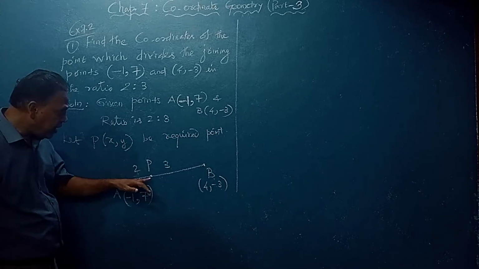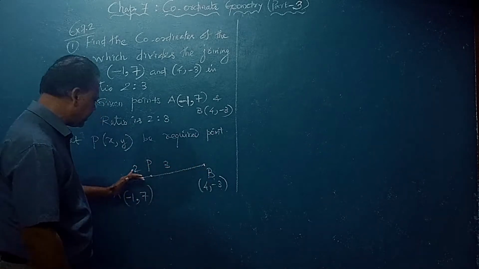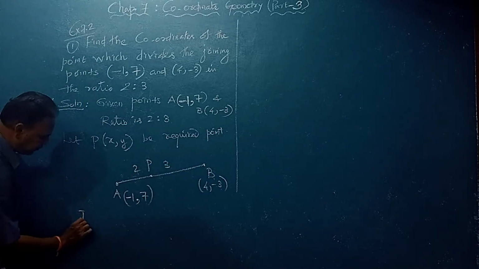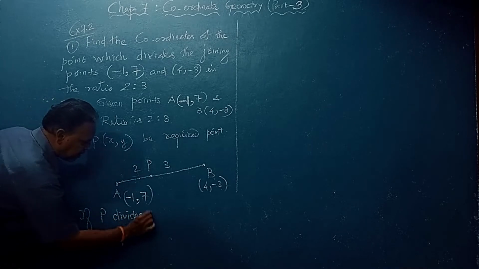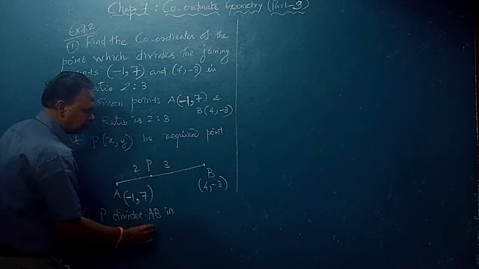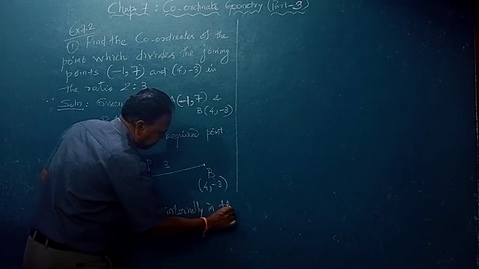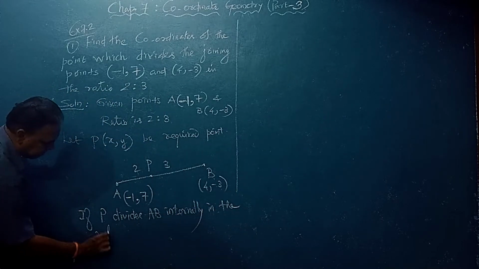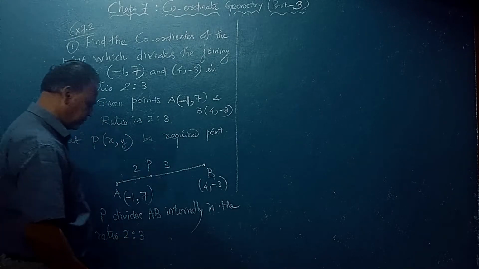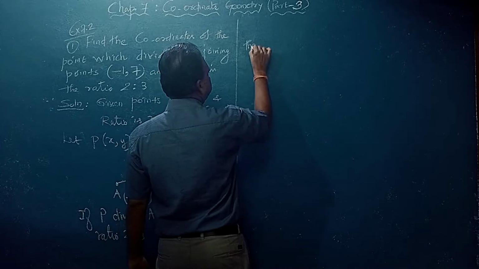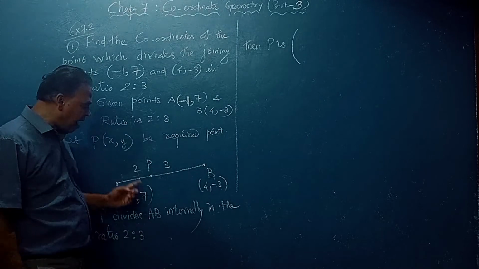You see here, if P divides AB internally in the ratio 2:3, then P is... See, what you have to do is cross multiply.